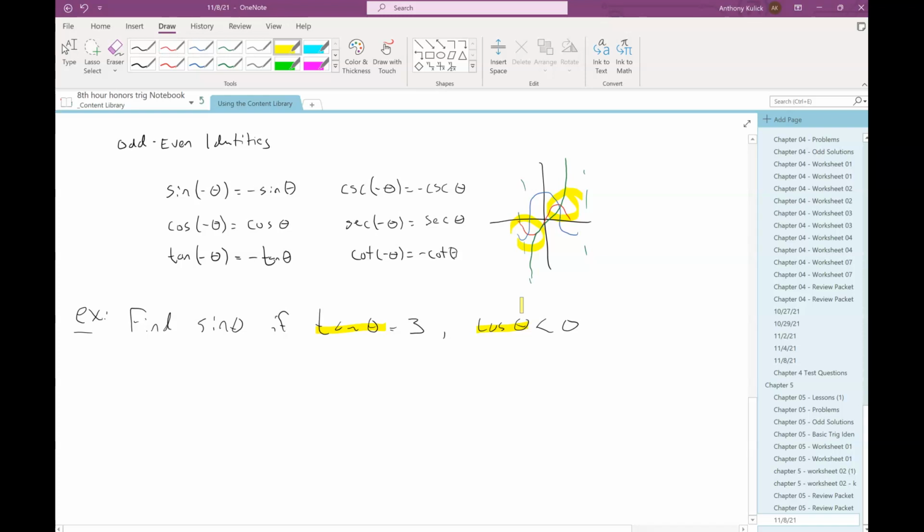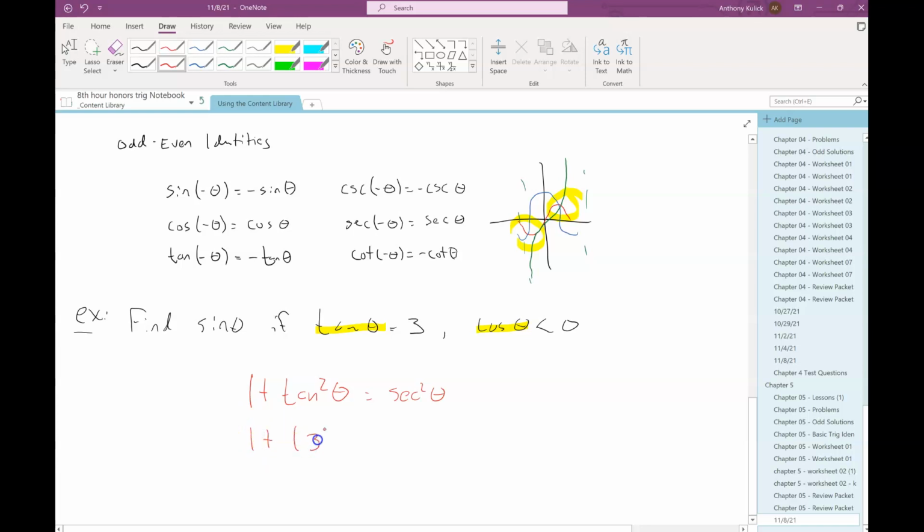If I look at my third Pythagorean identity, I know that 1 plus tangent squared theta has to equal secant squared theta. And I know that secant and cosine are reciprocals of each other, right? Okay.